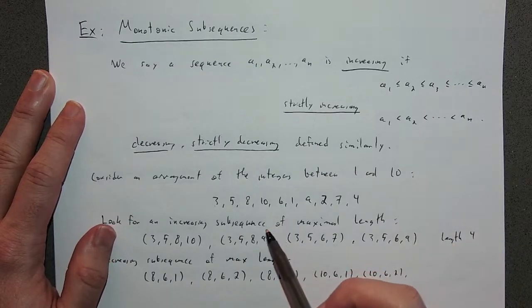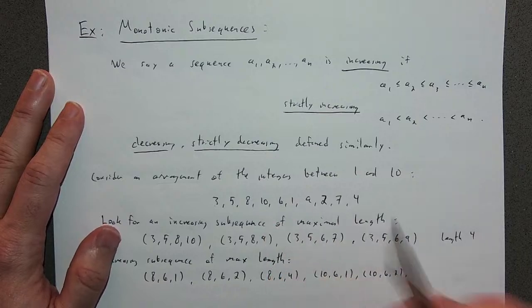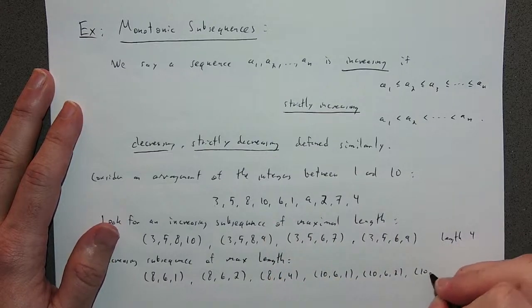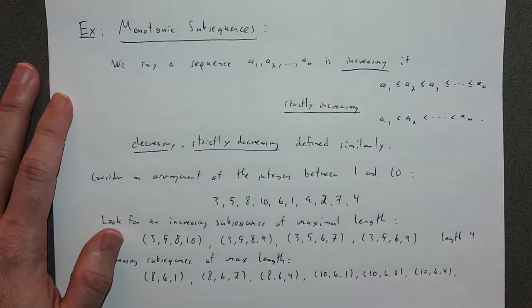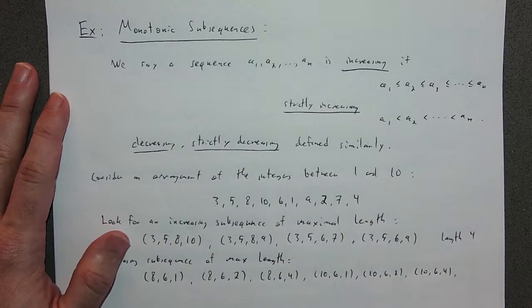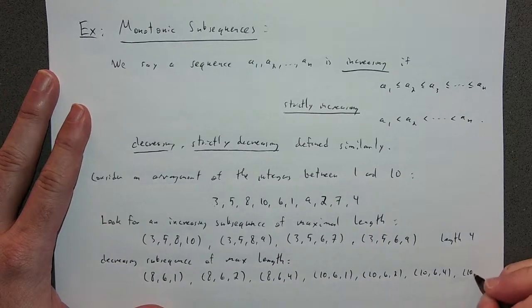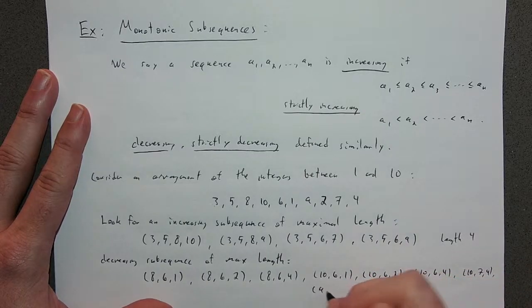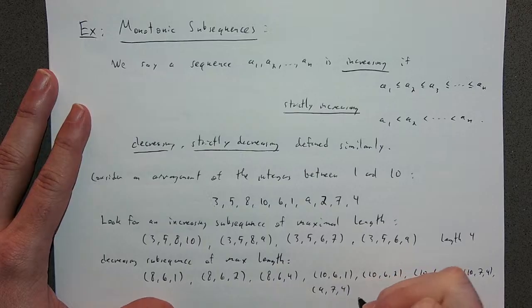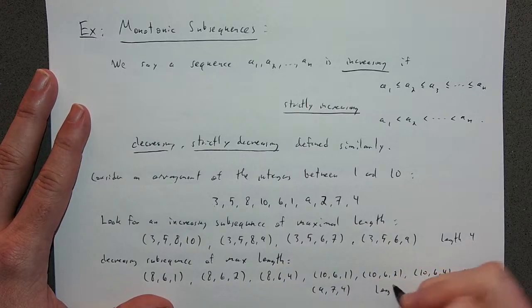What about 10, 6, 4? There's 10, 7, 4. 9, 7, 4. But it seems like I can't get more than 3 here. So all these are length 3.